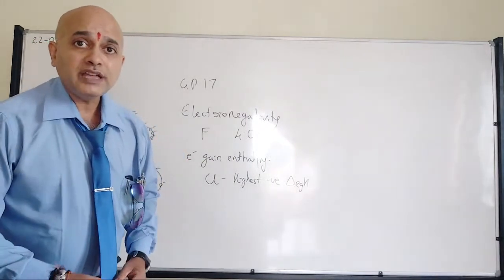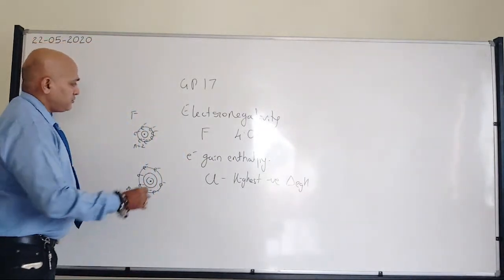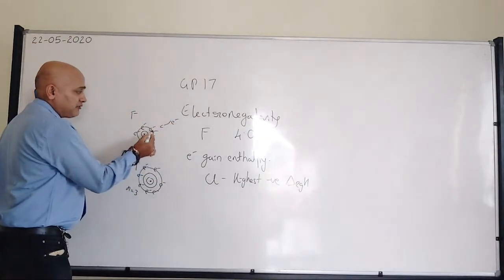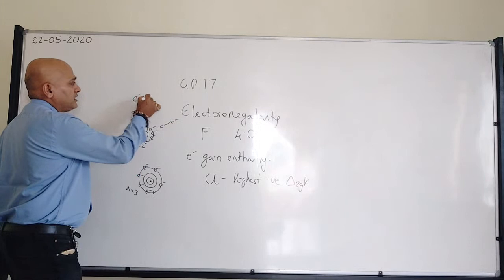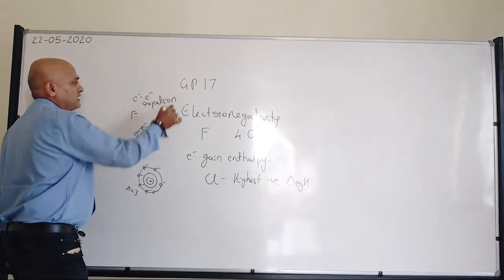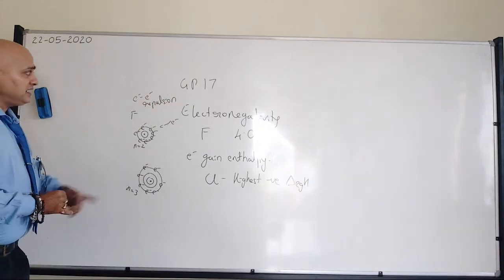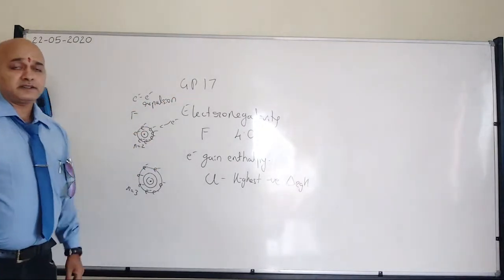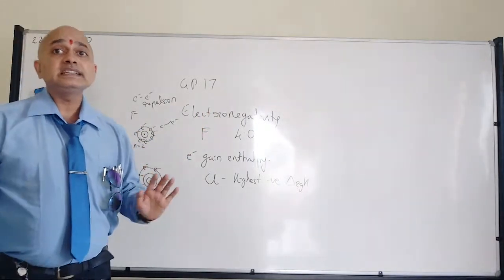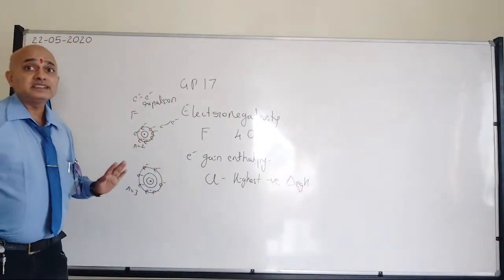So due to that, when another electron comes, electron repulsion will take place. Due to that, fluorine is not going to take up the electron easily. It cannot take it so easily.